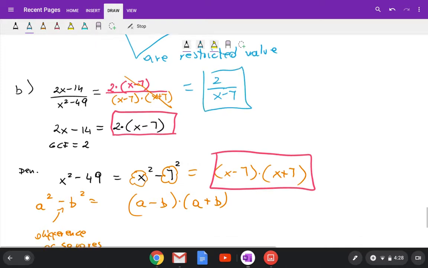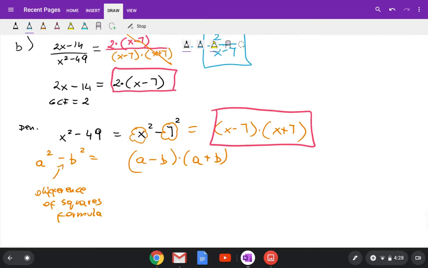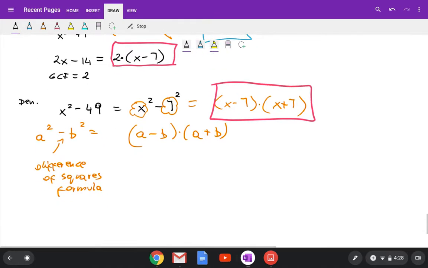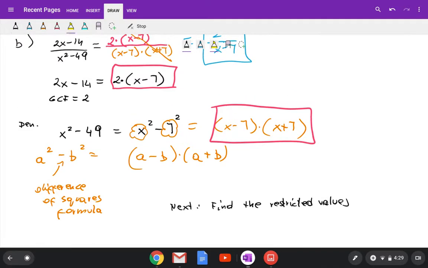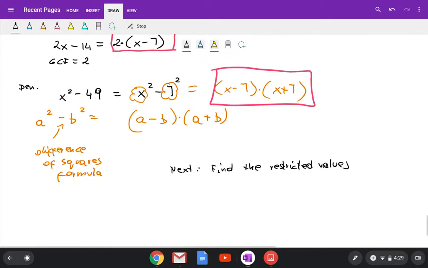Okay, now let's go back and next find the restricted values. So like I mentioned to you guys, use the original denominator. Use the original denominator.